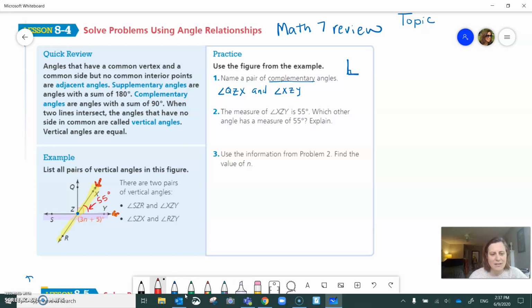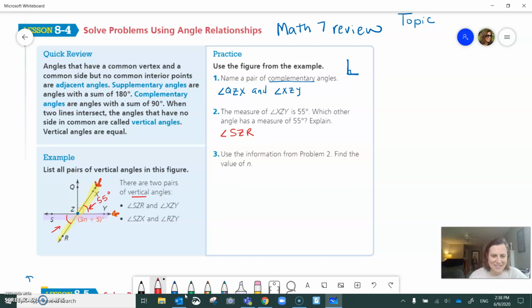So this angle is made up of this yellow ray and this purple ray, and this angle is also made up of the yellow ray and the purple ray. So you would say that that angle is also 55 degrees, and you could call it angle SZR or RZS, totally up to you. Oh, hey look, vertical angles, okay.